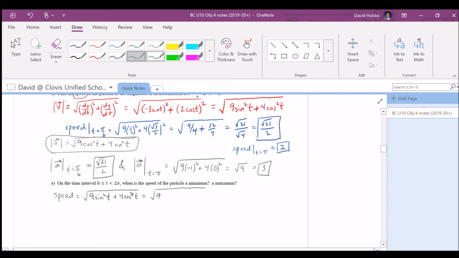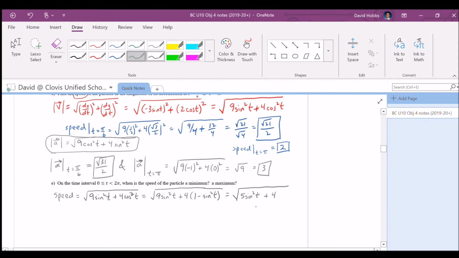So I've got 9 sine squared t plus 4 times, now cosine squared is 1 minus sine squared. If I distribute the 4 and combine like terms, we get the square root of 9 sine squared t minus 4 sine squared t, which is 5 sine squared t plus 4. Okay, so that's the speed.